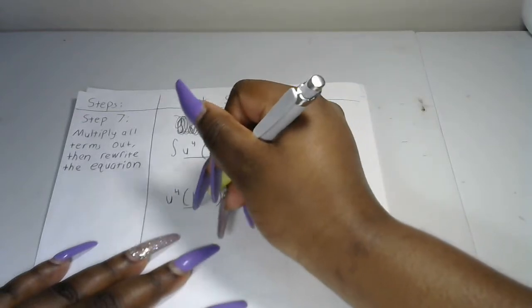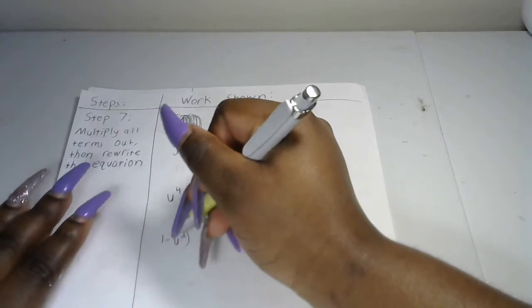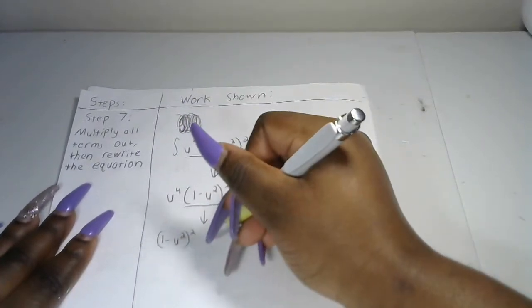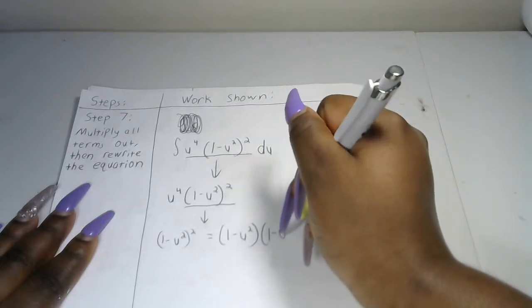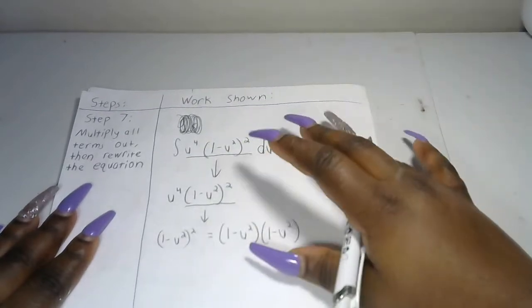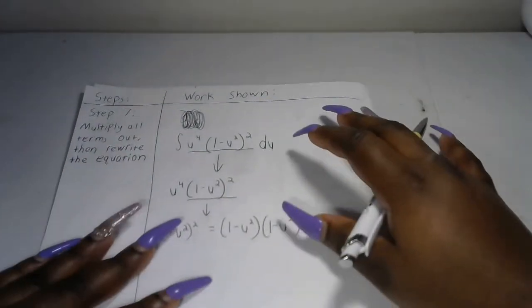So let's start with this term right here. 1 minus u squared and all that squared is equal to 1 minus u squared times 1 minus u squared. Now, we can just FOIL this out. FOIL stands for first, outer, inner, last.